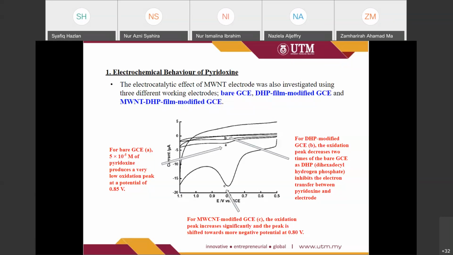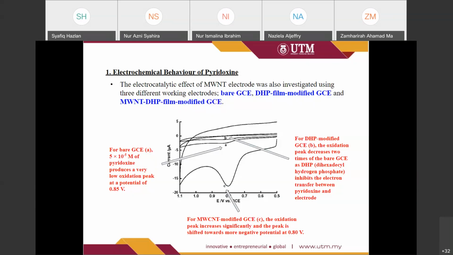And at B, which is for DHP modified GCE, the oxidation peak decreases to half of the bare GCE, as the DHP, which stands for dihexadecyl hydrogen phosphate, inhibits the electron transfer between pyridoxine and the electrode.